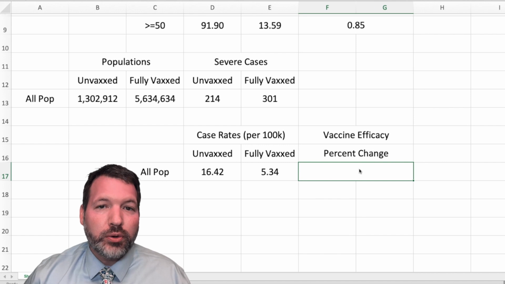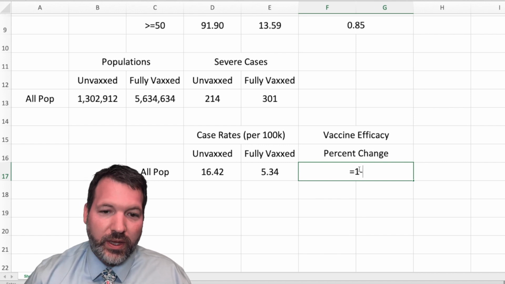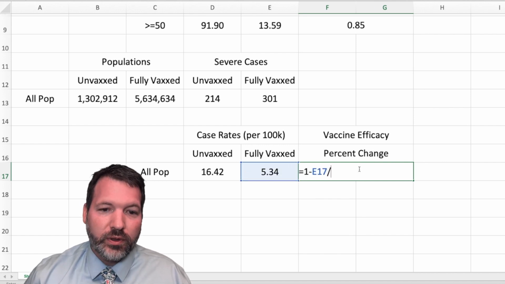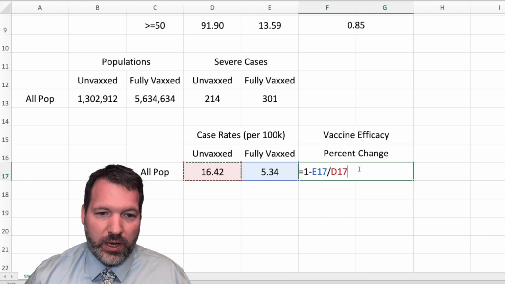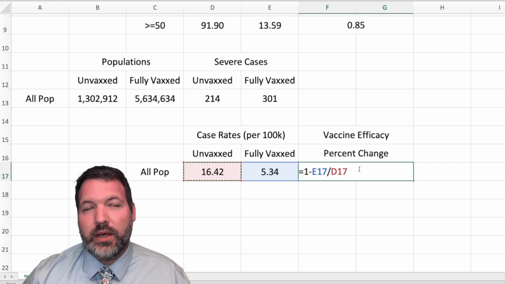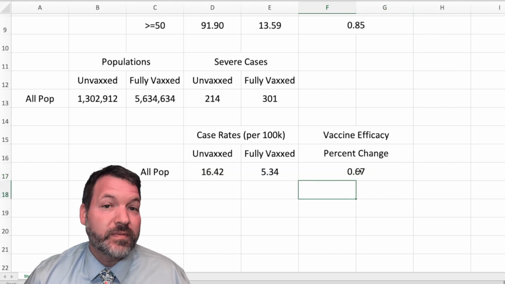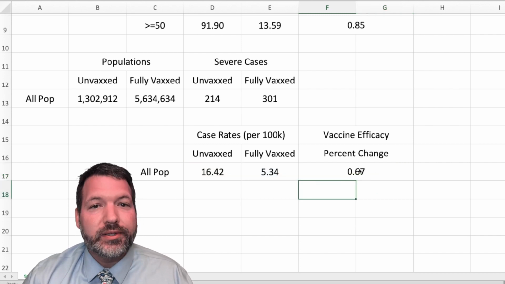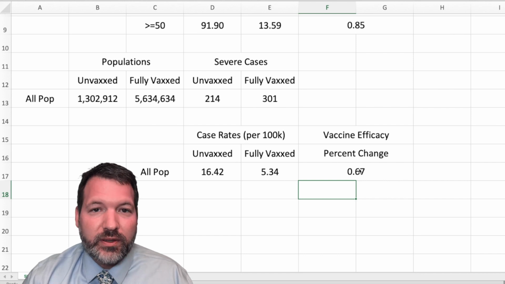And finally, our total population vaccine efficacy is just that percent change: the fully vaccinated population's case rate per 100,000 divided by the unvaccinated population's case rate per 100,000, subtracted from 100%. 67.5%. Seems wild, seems like it shouldn't be possible, but in fact this is what happens.